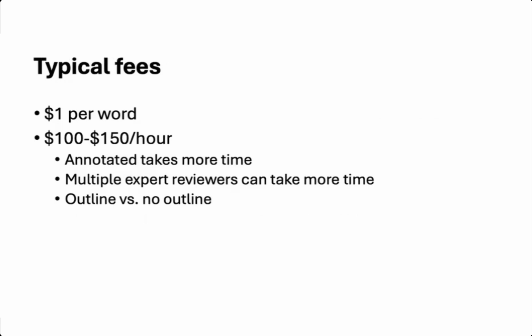And multiple expert reviewers can take more time if there's a lot of back and forth. Also, if they already have an outline written, that cuts out some of the time. But if you have to write an outline, then that will take more time. So all of these things you sort of have to know, but I'd say, for a 4,000 to 5,000 word manuscript, you should have at least 50 hours billed for that at your hourly rate.